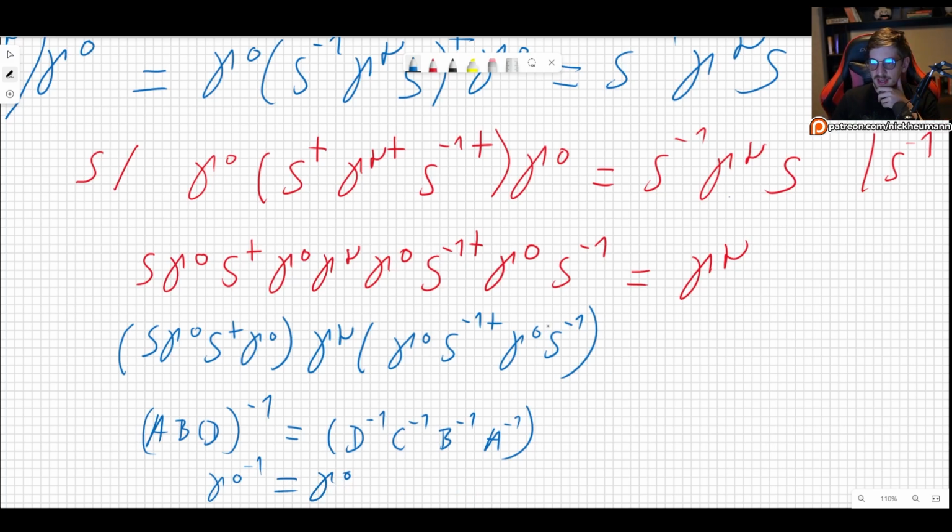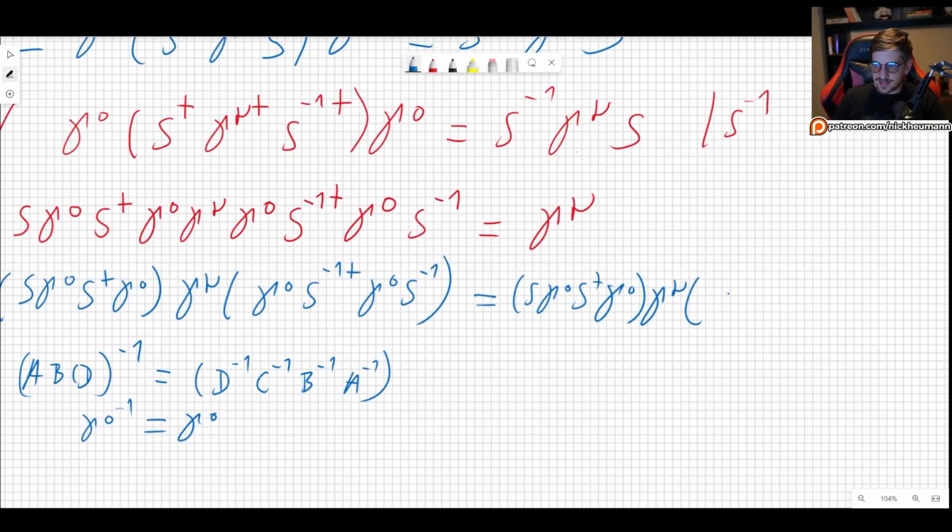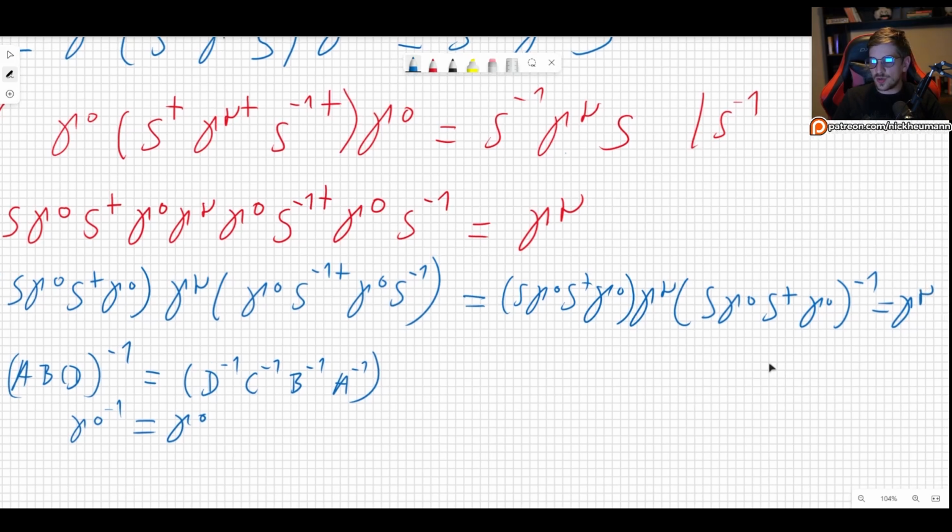So that means that we can rewrite this. Let me begin with the things that don't change. So this first parenthesis hasn't changed. Now the second parenthesis we can write as S gamma 0, S dagger, gamma 0, and all of this to the minus 1, and all of this has to be equal to gamma mu. And now notice what we have.